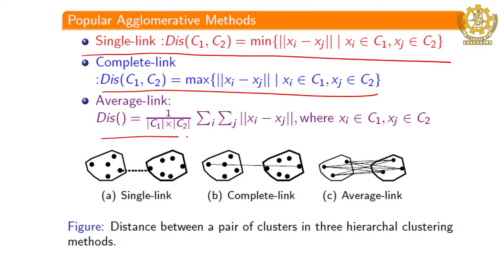Otherwise, if you compute the distance in this fashion, then the agglomerative approach is the average link. So, there are three algorithms: single linkage, complete linkage, and average linkage hierarchical methods. Only the distance measure changes, otherwise the basic structure of the algorithm remains the same, that I covered in the last slide.